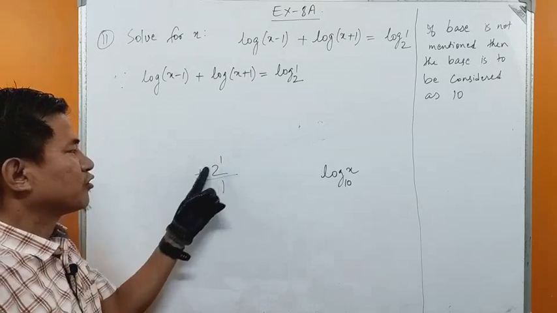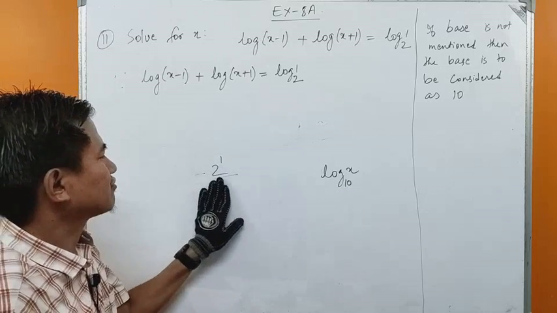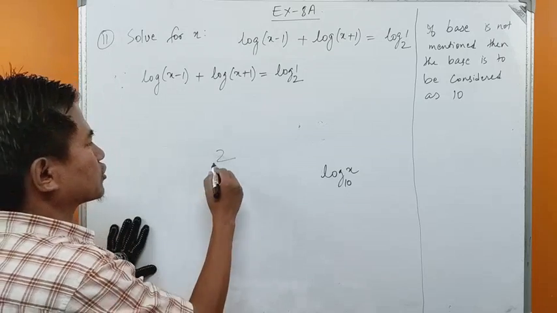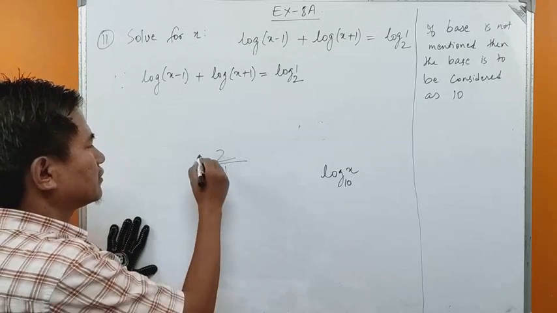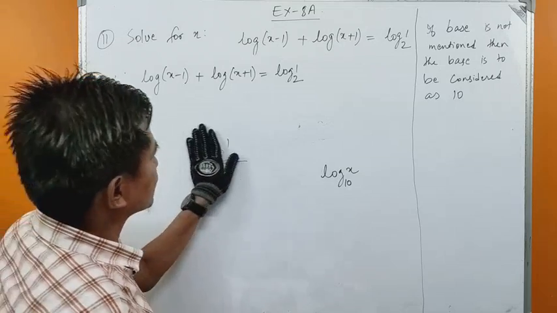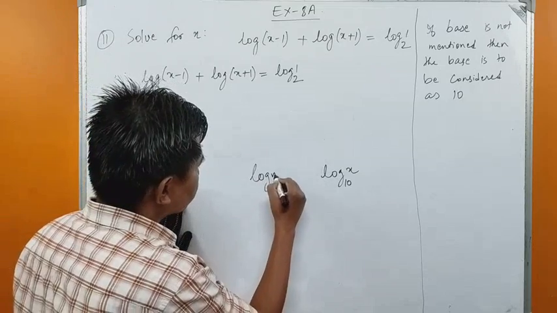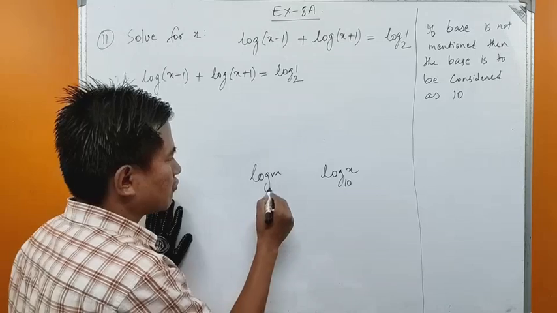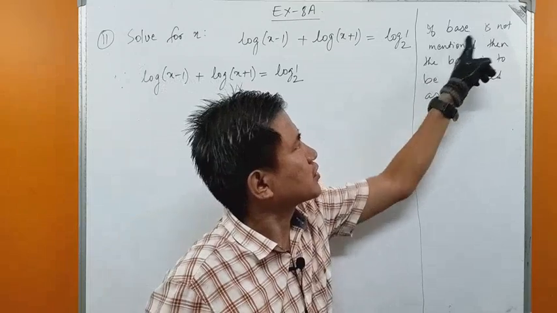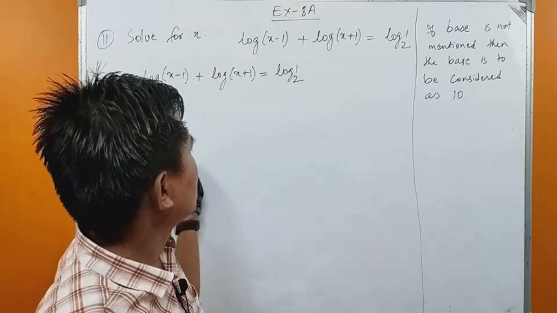All this information is to be understood, though it is not written. Similarly, if I write log m and base is not mentioned, we must understand the base is 10. This is the first thing which we must know.